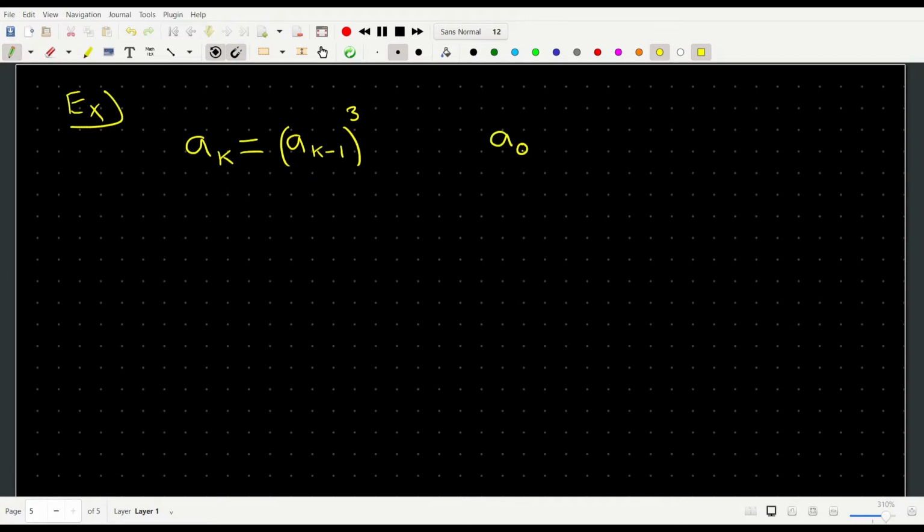We'll fix a_0 to be some value, and look at how the existence of a limit depends on a_0, because depending on this function, it's going to be different in every given case. The g function here that's defining this is g of x equal to x cubed, because we're cubing the previous term in the sequence.